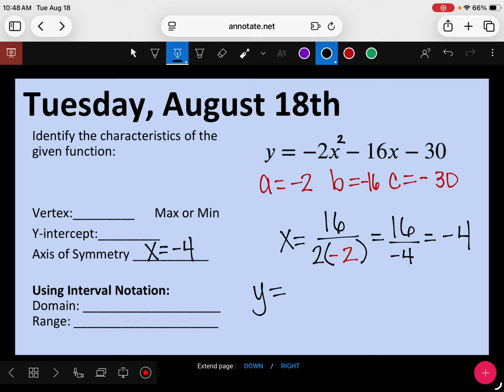So that'll give us negative 2 parentheses squared minus 16 parentheses minus 30. And what number goes inside of the parentheses? What's our axis of symmetry? Negative 4. So let's pick up our calculators and type that in.